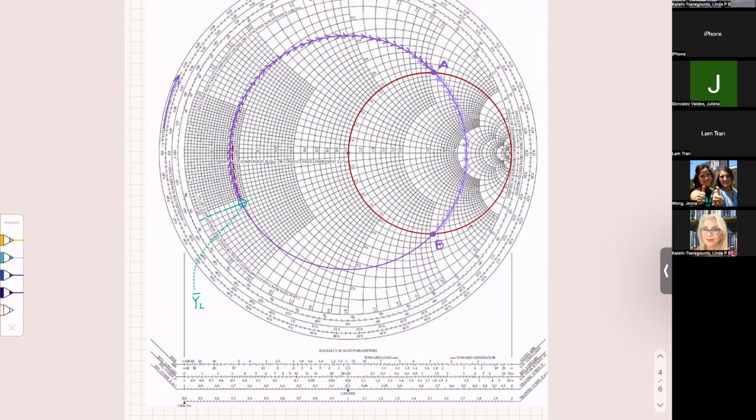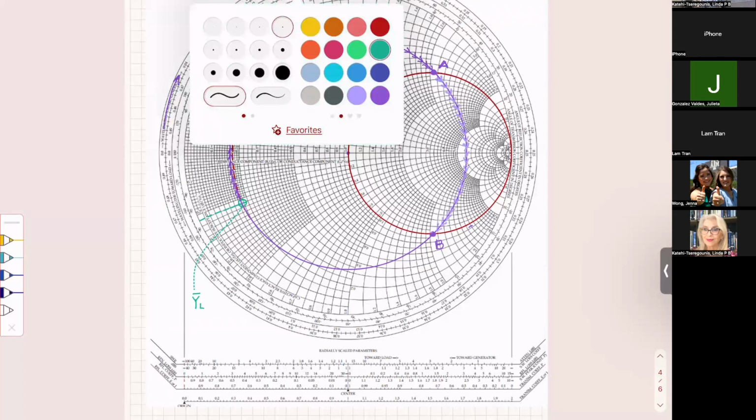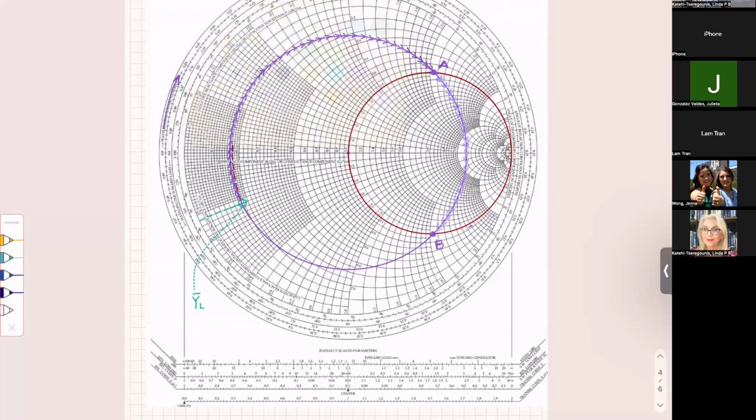I go to point B. Then from there, I will have to go to the center of the chart. And I will be able to go to the center of the chart only here.